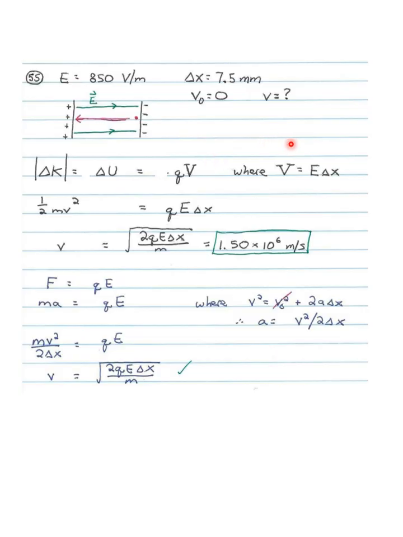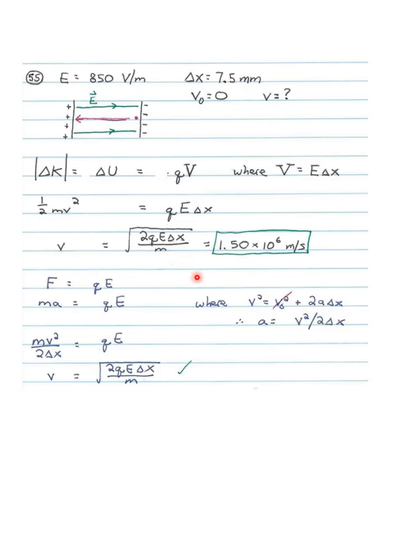The voltage is the electric field times the distance between the plates, E times delta X. So on the left-hand side of this equation, change in kinetic energy is 1/2 m times velocity squared, equals on the right-hand side, Q E times delta X. We solve for V, and that gives 2Q E delta X over M.